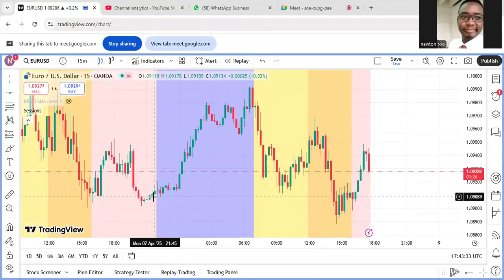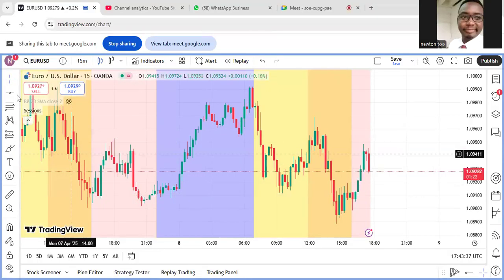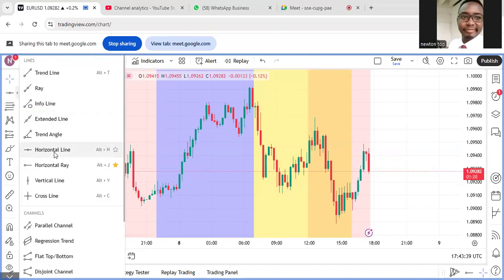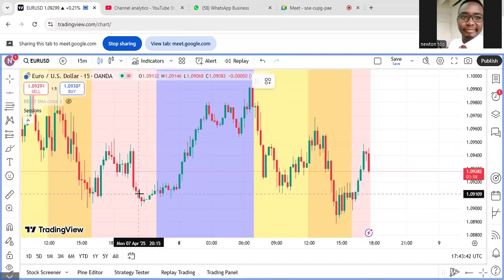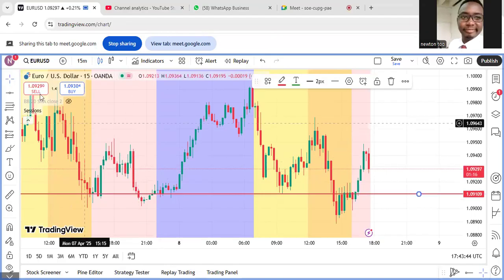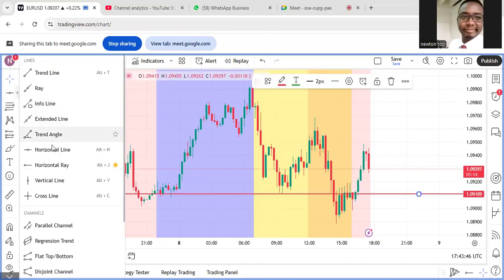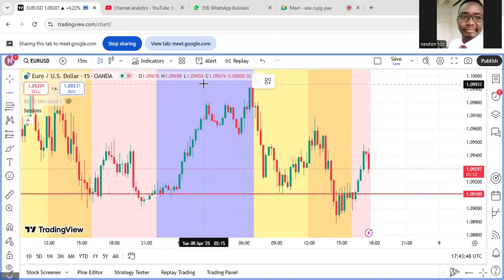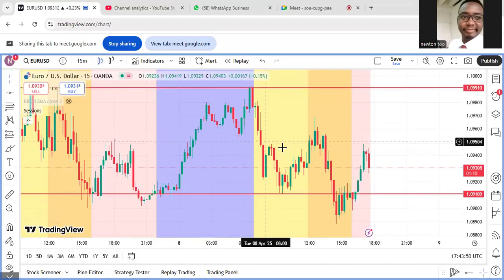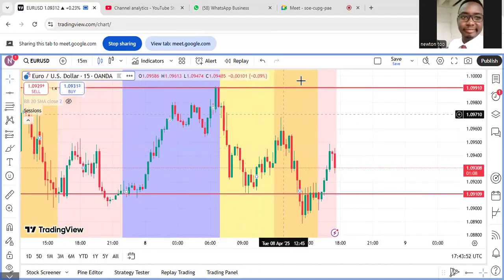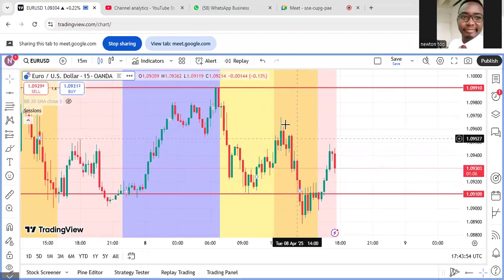we had the low of yesterday. Here we have the low of Asia. Then we have the high of Asia. We usually say that we are only interested to buy or sell the market if the market is at the high of Asia or the low of Asia.